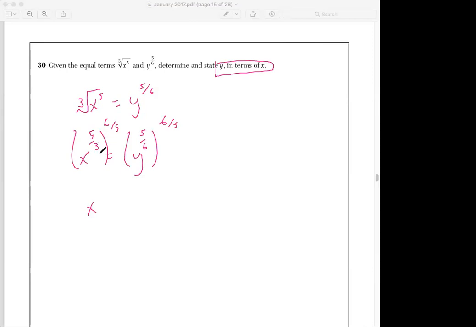Well, that will give me x to the 30 over 15 power on the left equals y to the 30 over 30th power here. So I get x squared equals, that turns into a 1, y. Or y equals x squared, same thing.